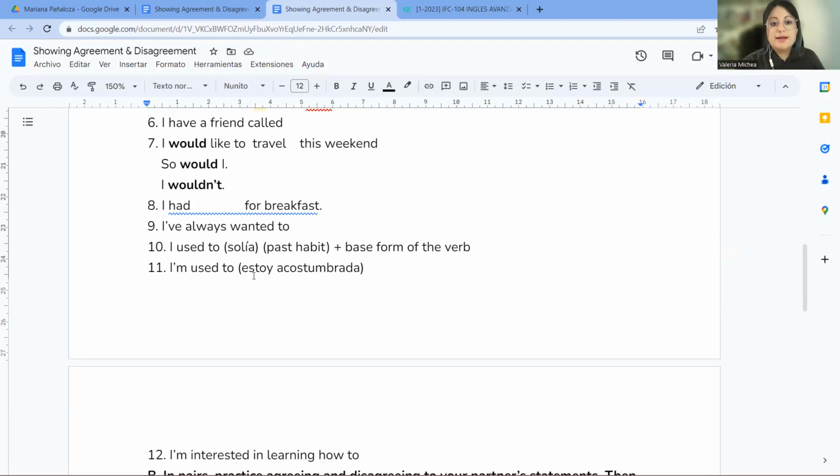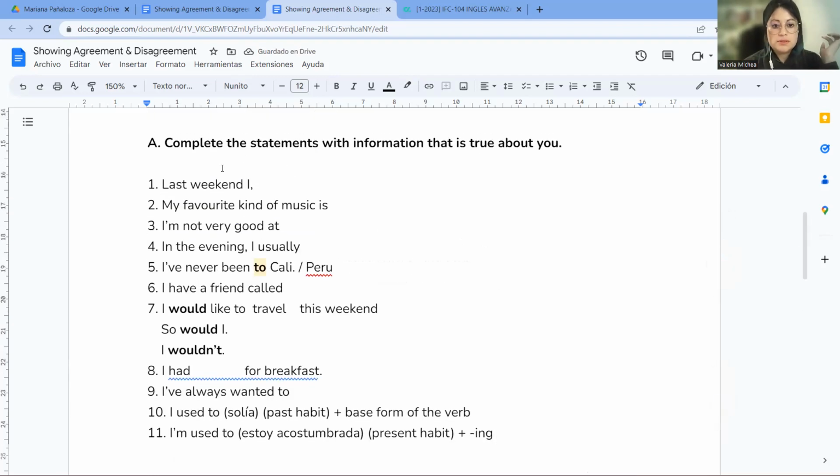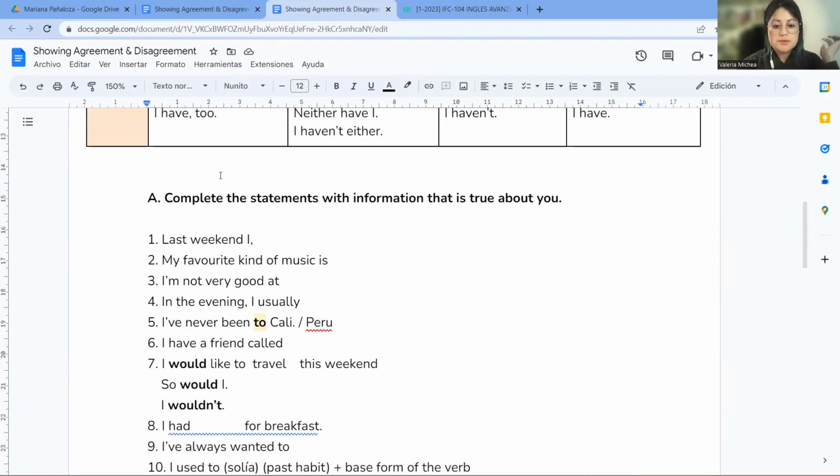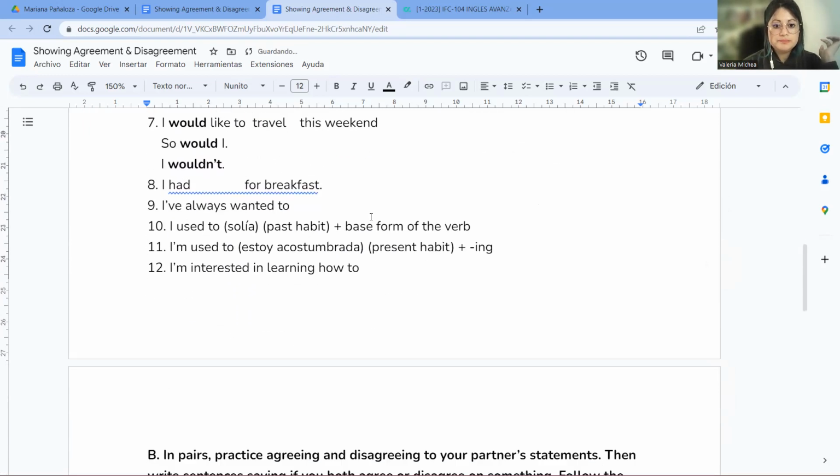Estoy acostumbrada a algo. So the first one was a past habit. This is a present habit, or something that in the present I do. And this is not followed by the base form, sorry. This is followed by the ing form. This is important. All right, so let me just make some room here so we don't go to the next page.